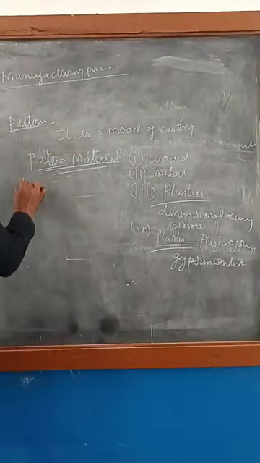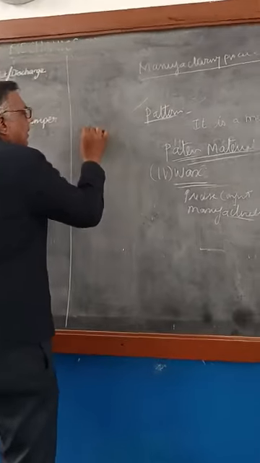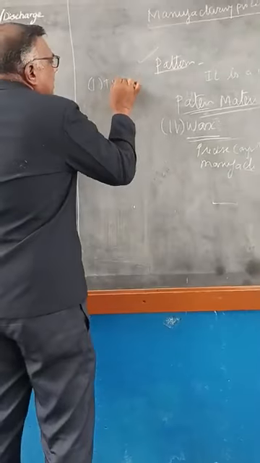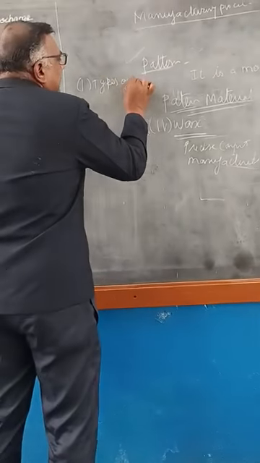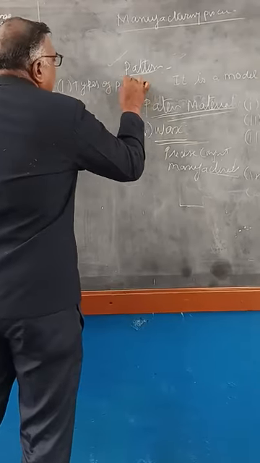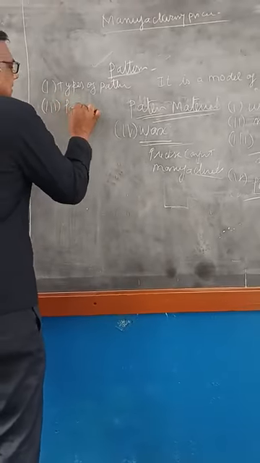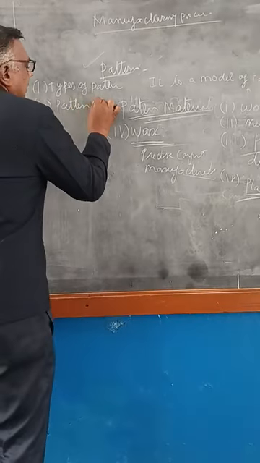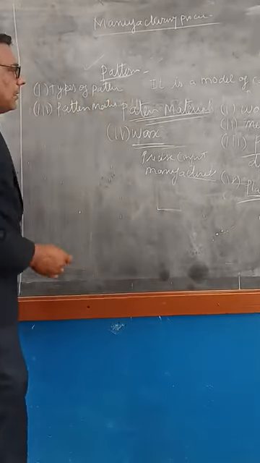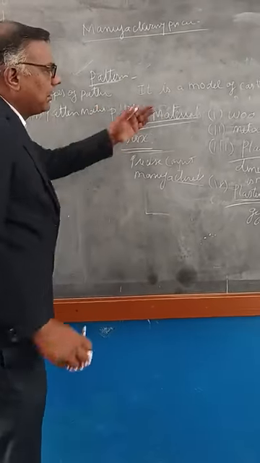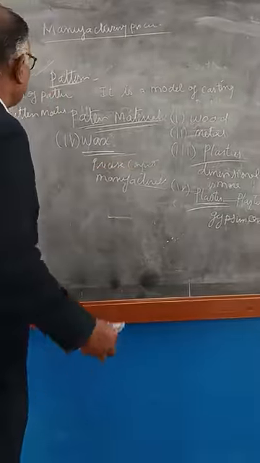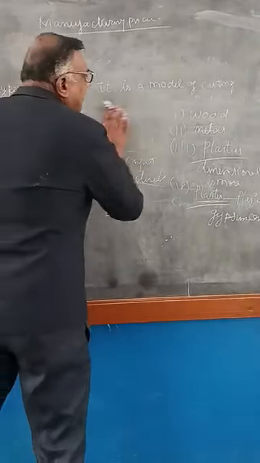So first of all, we have seen what we meant by pattern. Second is types of pattern. Third is pattern materials: wood, metal, plastic, plaster, wax. These are all the pattern materials.